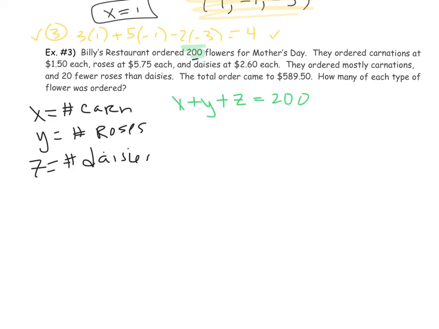Then we know carnations are $1.50 each, roses $5.75, and daisies are $2.60 for a total of $589.50. So we have $1.50x plus $5.75y plus $2.60z equals 589.50.